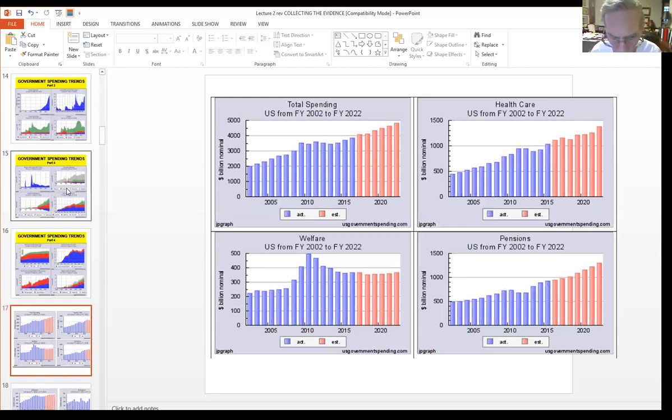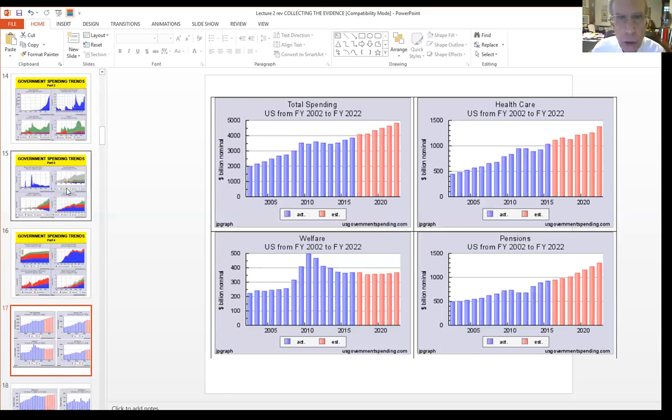So total spending, in 2017 would be the first red bar, and this year the second red bar. You can see we're over $4 trillion, as I mentioned earlier, and the projection is to see that pushing $5 trillion. Only we know something, don't we?